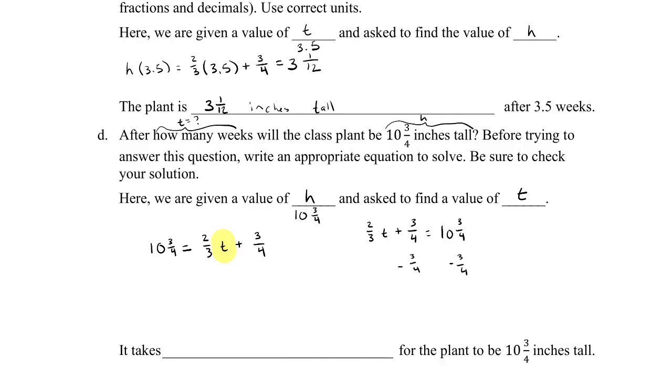You can use a calculator for this subtraction if you like. 2/3 t equals 10. We'll divide by 2/3, and we'll get t equals 15. So it takes 15 weeks for the plant to be 10 3/4 inches tall.